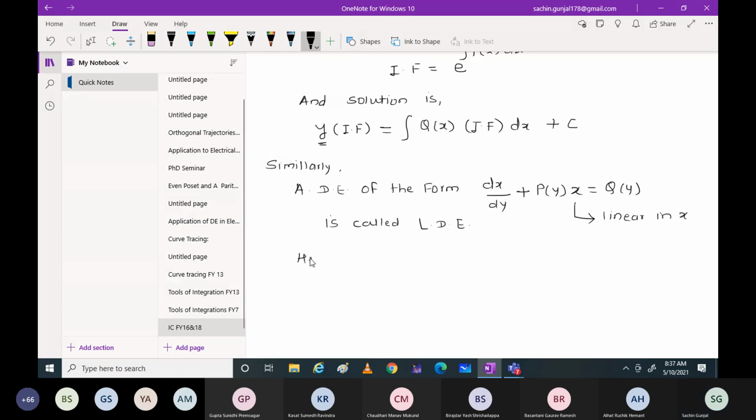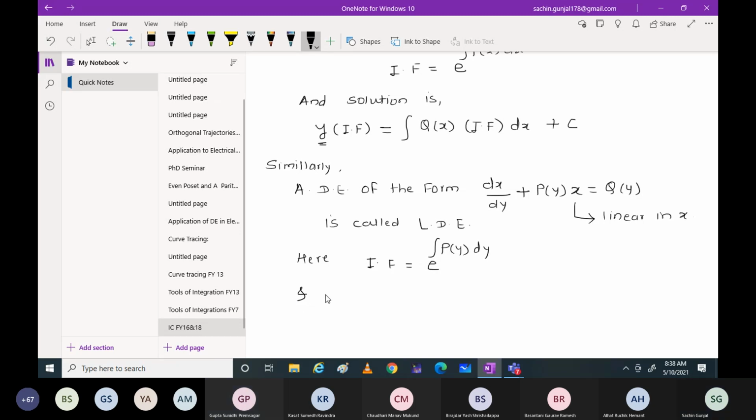In this case, what could be the integrating factor? Here, integrating factor is e raised to integral P of y dy, isn't it? Correct? Yes, sir.